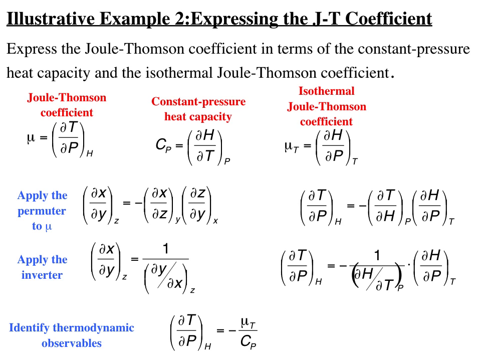So what I'm going to do is define variables x, y, and z. I'm going to take T as x, P as y, and H as z. And then all I'm going to do is do the manipulation.